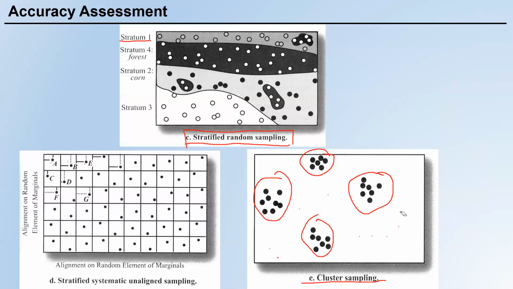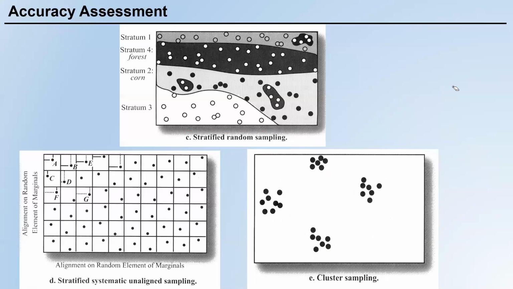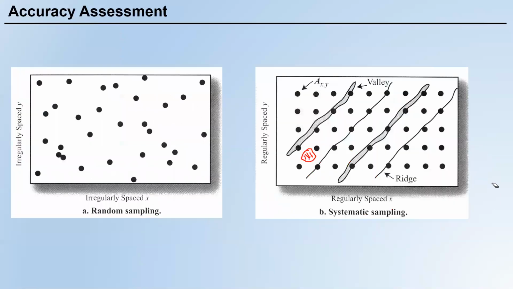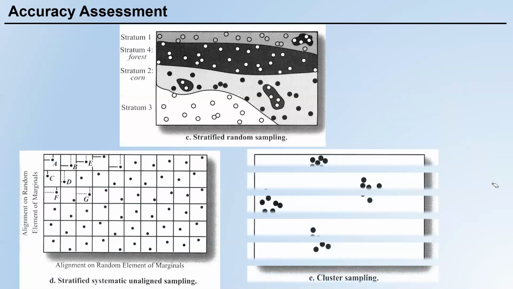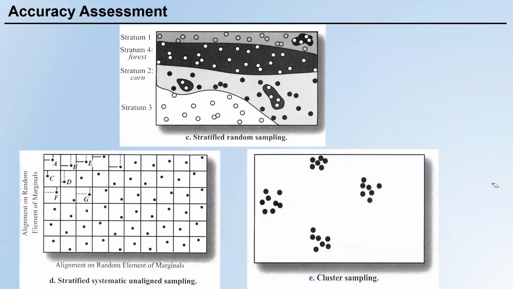You don't have to follow this logic, but what you need to know is all these methods: stratified random sampling, stratified systematic unaligned, and cluster, plus systematic and random sampling. Again, like I said, these methods are statistical methods.